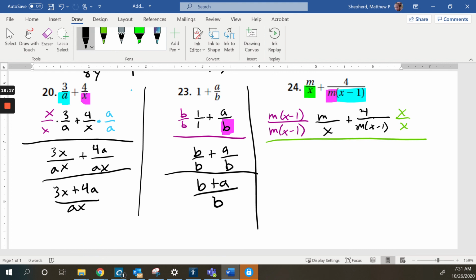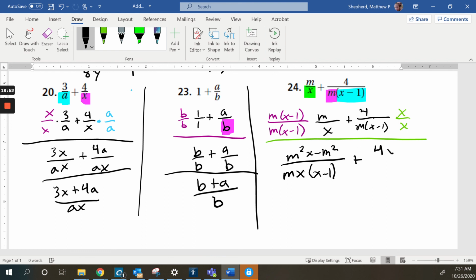On the top here, I'm just going to multiply this out. We're going to have an m times an m, which would be an m squared, and then we'll multiply that m squared through the inside. So we'll have m squared x minus m squared all over, and now we've got this mx minus 1 times x. Just going to put my 2 fractions right in front, and then the x minus 1.